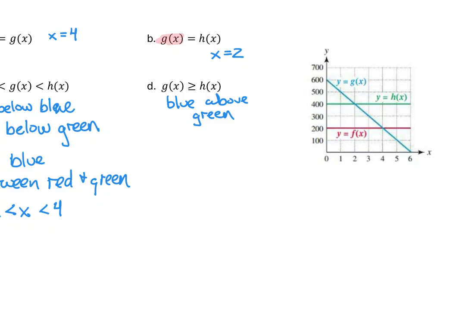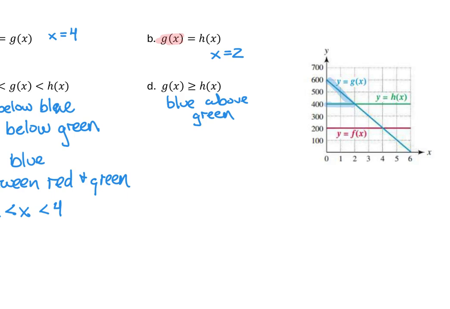Because we don't have those arrows, we do need to be careful when we write our inequality. This is still going to be a three-part inequality. Let's set up what we want generally. We want blue above green, and blue is above green from here to here.